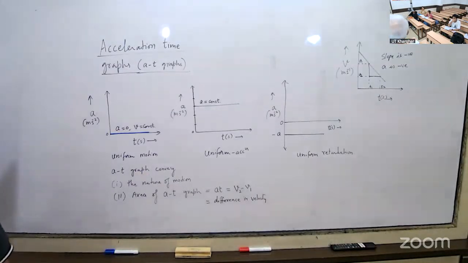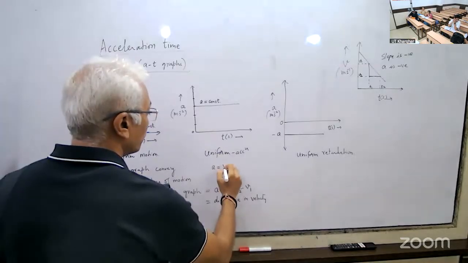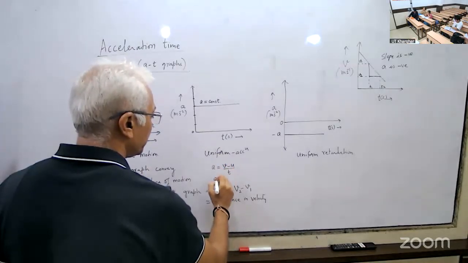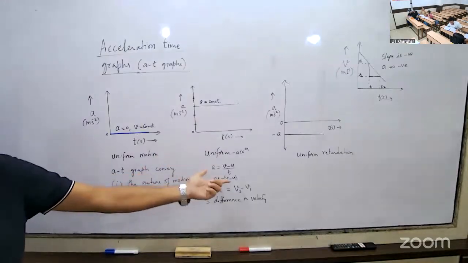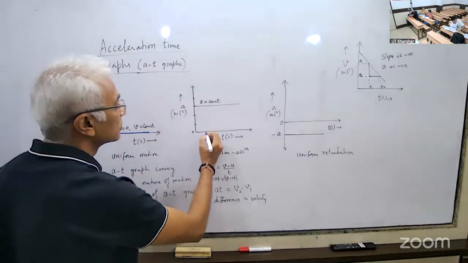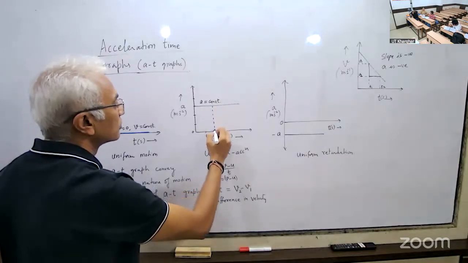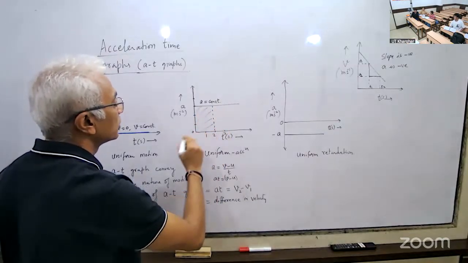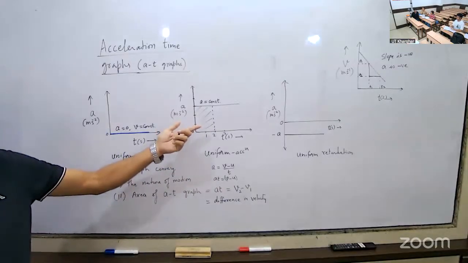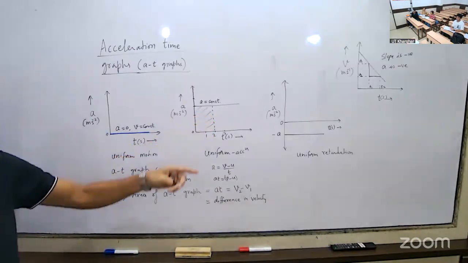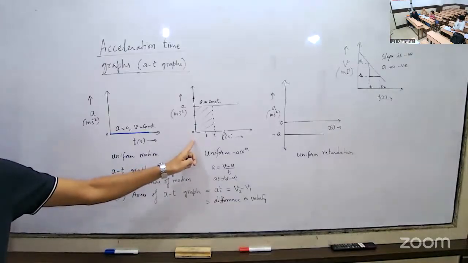That is it, because what is the formula? The expression is (v minus u) by t, right? So a t equals v minus u. The area is the product of acceleration and time. If I take it up to here, whatever the area is, it is nothing but the difference in velocity. If the object was accelerating, then its velocity will increase this way, from wherever it started.